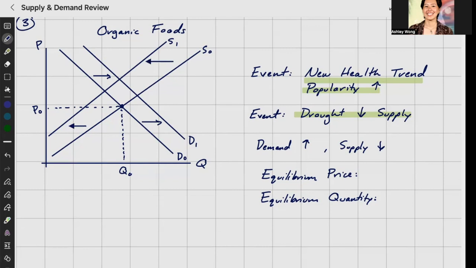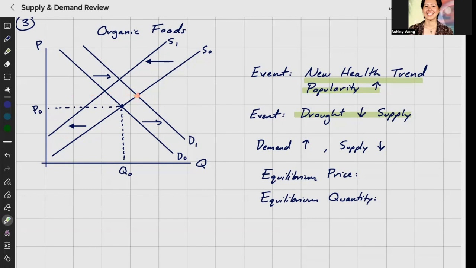All right, and now our next step here is we want to see what is the impact on equilibrium when we have these two shifts occur at the same time. So first, we'll talk about equilibrium price. That's sort of the easy one here. So when our demand curve shifted to the right, we've kind of moved upwards in terms of price to this intermediate equilibrium.